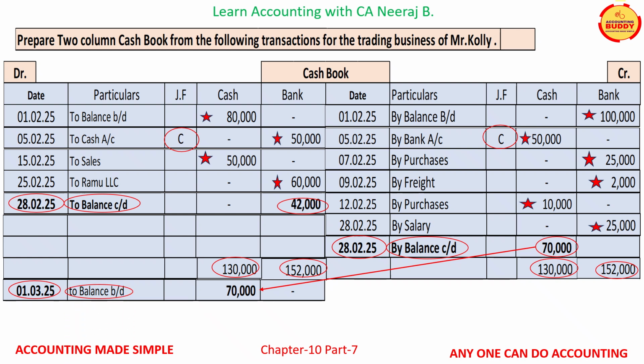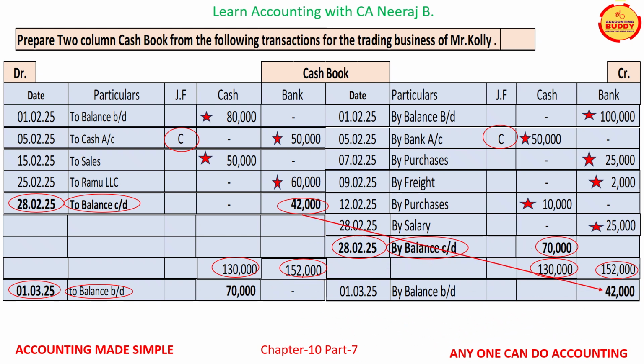Similarly, the closing overdraft bank balance of $42,000 as on the last day of February 25, that is on 28th February 25, will become the opening balance of $42,000 as on 1st of March 25 by writing the words "by balance brought down" on the right hand credit side of the cash book.